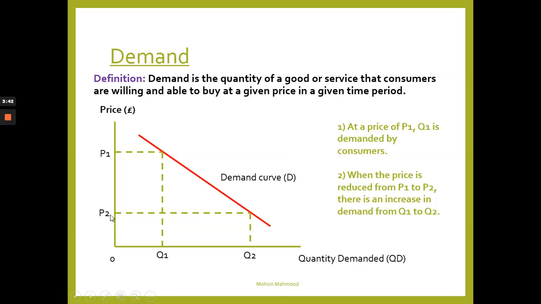If we look at number 2, it says when the price is reduced from P1 to P2, so the price of the product or service, whatever it is, has decreased now from P1 to P2. Price has fallen to P2. Customers now demand Q2. So you can see as price is decreased from P1 to P2, the amount demanded by consumers has increased from Q1 to Q2.